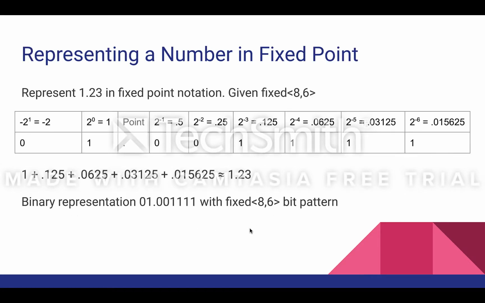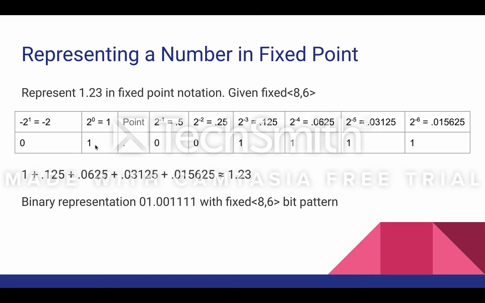Now I'm going to represent a number in fixed point. I'm going to represent 1.23, given that it's 8 bits wide and there's 6 bits after the point. Basically, we want to convert our number to binary with our first bit representing the sign. So convert 1.23 like this.